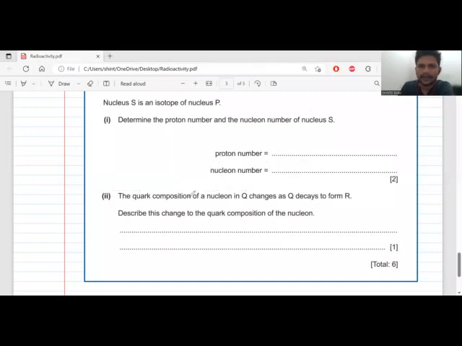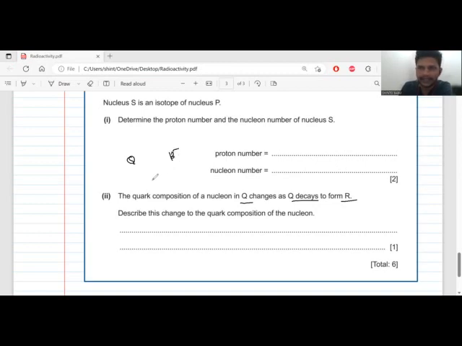Now, as for the last question, the quark composition of nucleon Q changes as Q decays to form R. So remember what type of reaction that was? It involved an increase of atomic number, and beta minus decay.